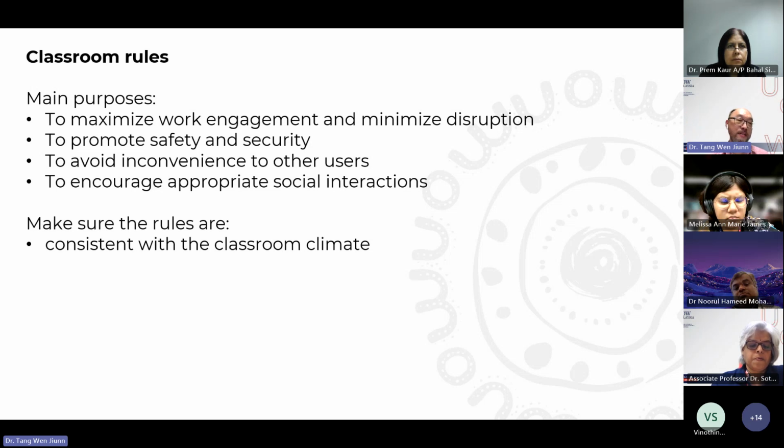Impossible. During discussion, there will be sounds here and there. So make sure your rules are consistent with the activity you are doing. If it's an open book exam, then you have to allow them to have the materials there.